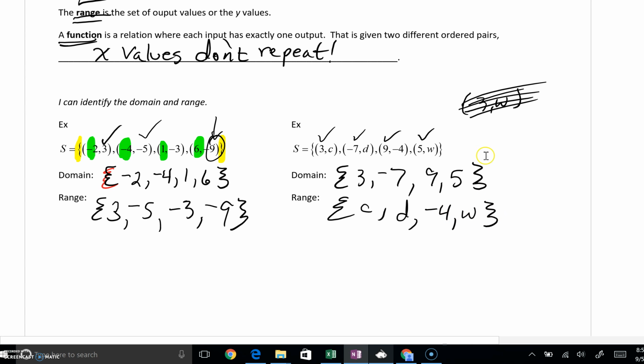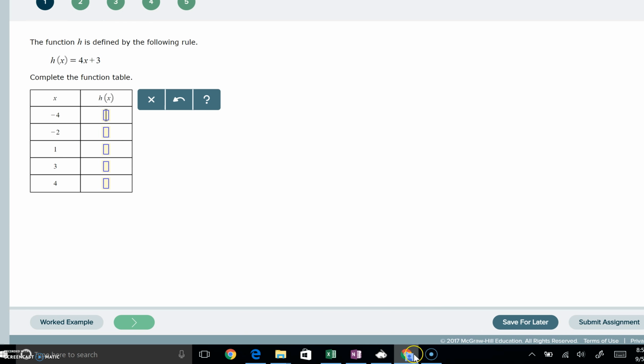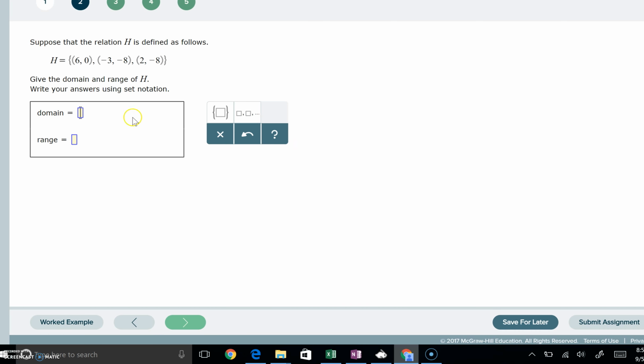Now, I do want to point out to you guys that on Alex, when you're naming the domain and the range, you're going to have a times button, but up above, you've got the brackets. You're going to have to type those brackets. Look at this. Here's a problem. Hopefully you can all see this right here. What number should I type in for my domain here?